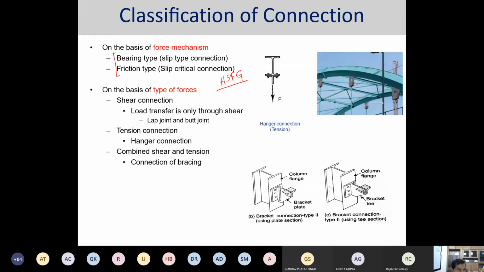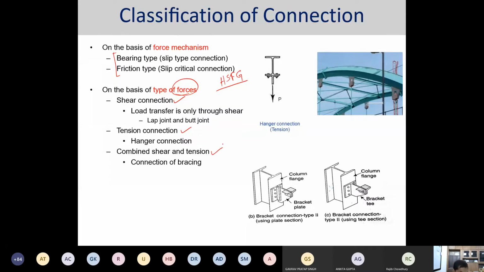Sometimes people observe that this particular classification of the connection also happens due to the type of force that is available. Sometimes you will find shear connections, sometimes tension connections, sometimes tension and shear both.